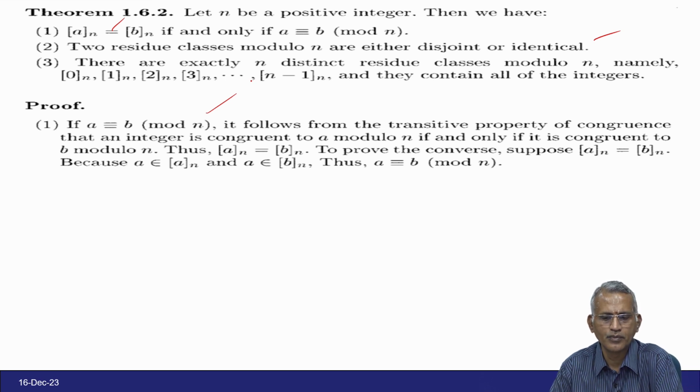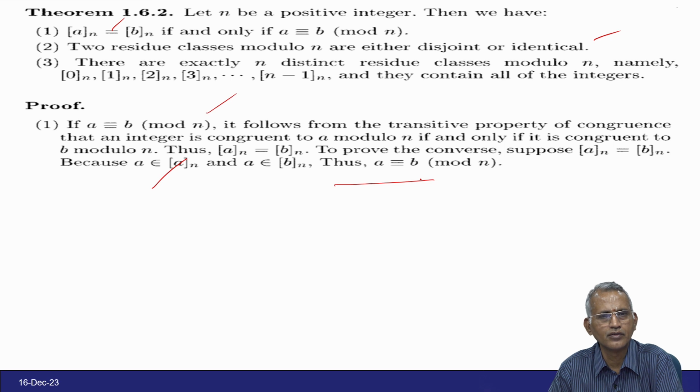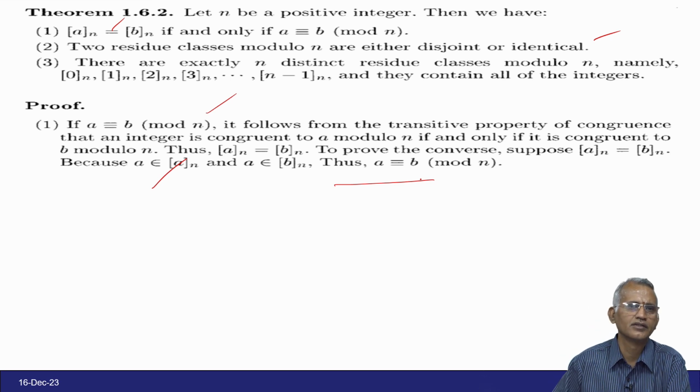Therefore, this proves the converse. Suppose the classes of a and b are equal, because a is in the class of a, it is in the class of b, so that a is identically equal to b under modulo n is true.